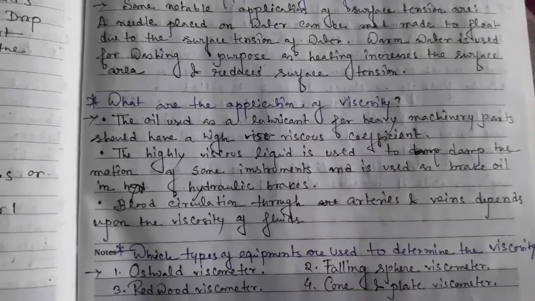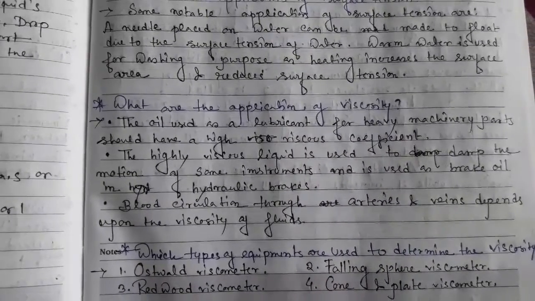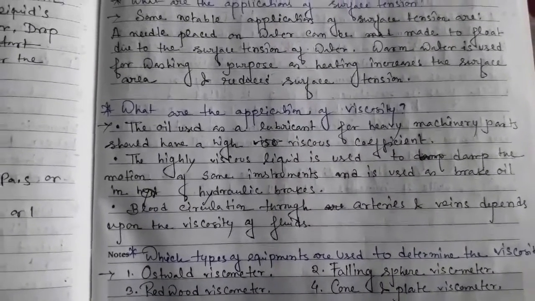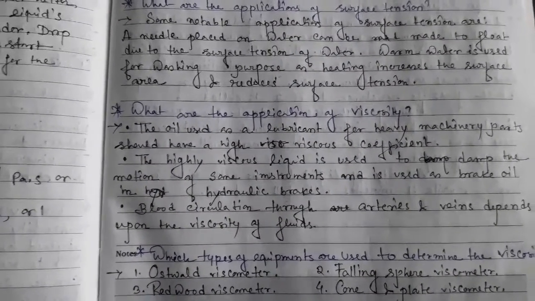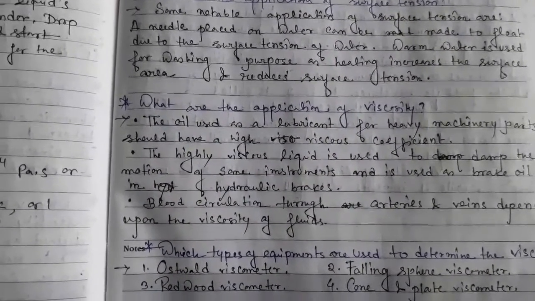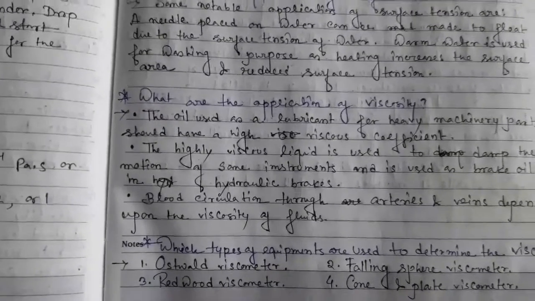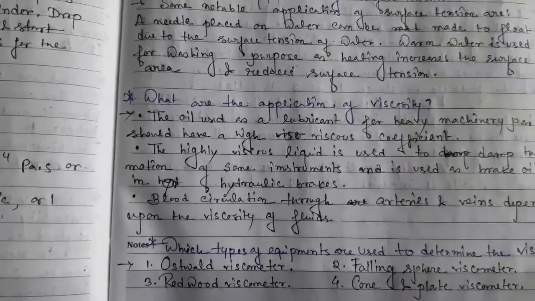When you write the difference between surface tension and viscosity, you have to mention different points. Which type of points? First of all definition, then examples, then causes, then importance, application and determination.